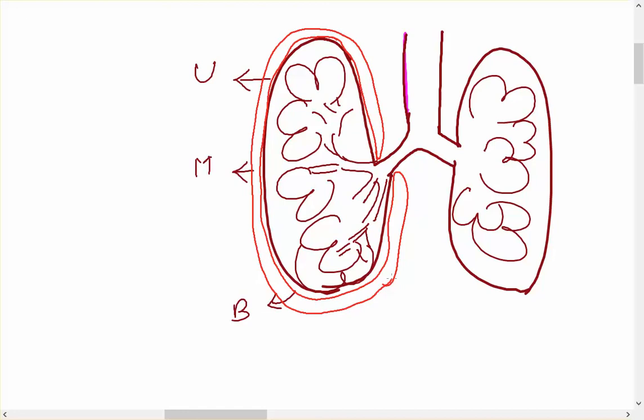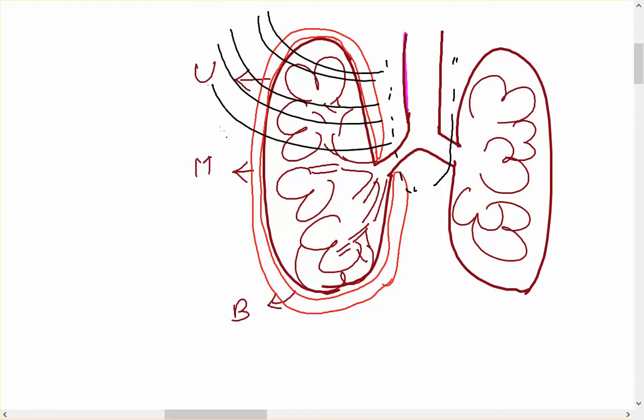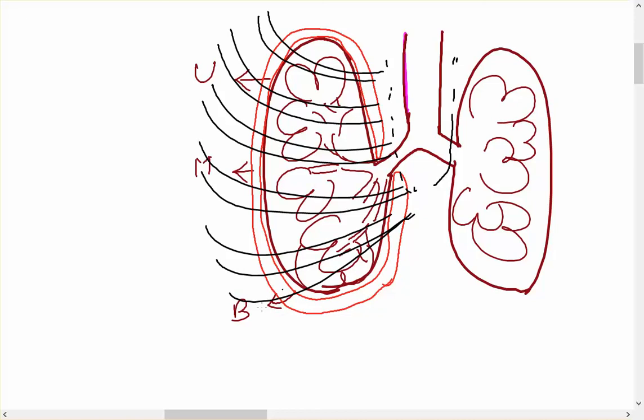Okay. After that we have, consider this is the sternum. Okay, and we have ribs attached to the sternum, 7 pairs of ribs from either side, they attach to the sternum, then the rest of the ribs float.